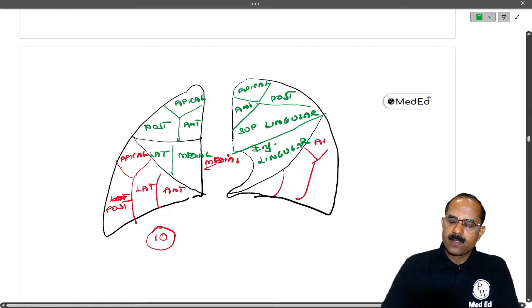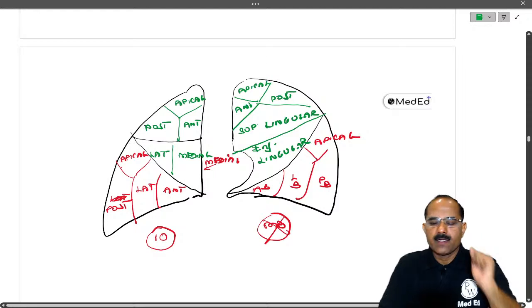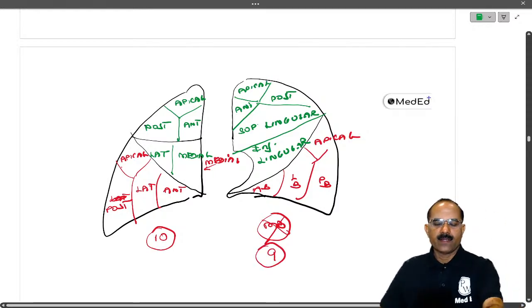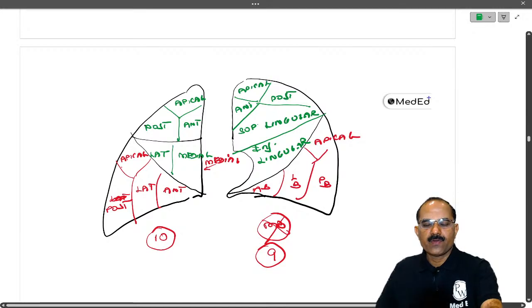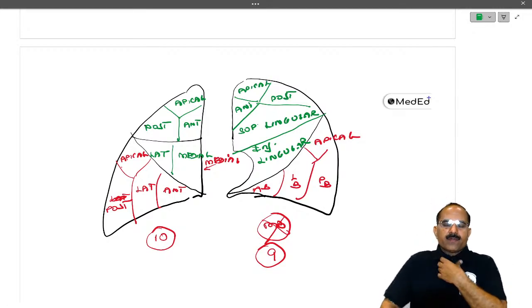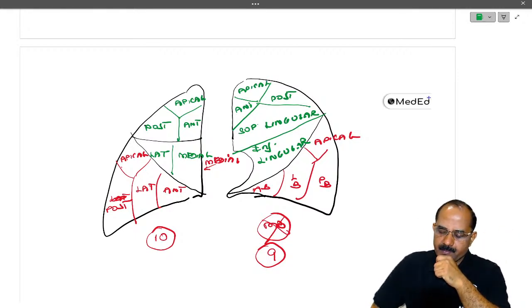This is apical, anterior basal, lateral basal, posterior basal, and there is no medial basal segment. A medial basal segment is absent in the left lung. So how many bronchopulmonary segments for the left lung? 9. And how many for the right lung? 10. 10 for the right lung, 9 for the left lung. Clear, bachcho? Is this clear to all of you?